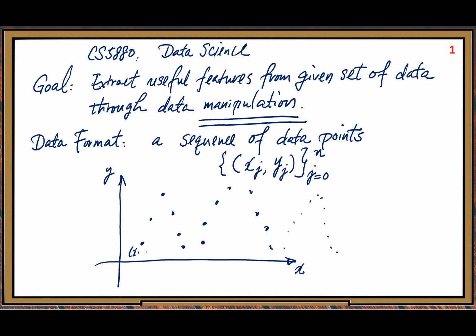So this is X1, Y1, the general case, this one XJ, YJ, and the last one, XN, YN.